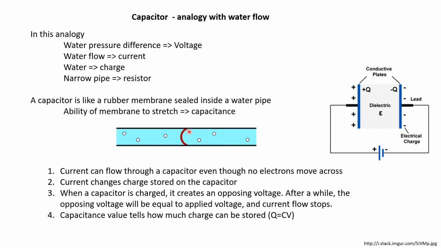Similarly here, if you have a very flexible, stretchy membrane, then you will have more water accumulated for the same initial pressure difference, whereas if you have a tight membrane, then you will have less water accumulated. So this ability to store water or ability to store charge is the capacitance of the corresponding element.